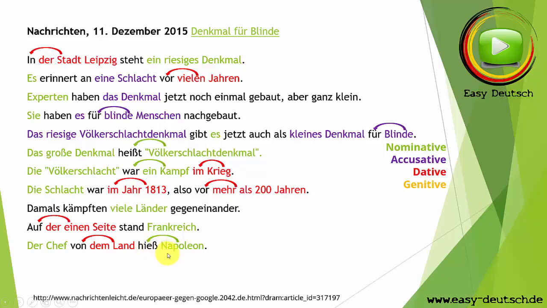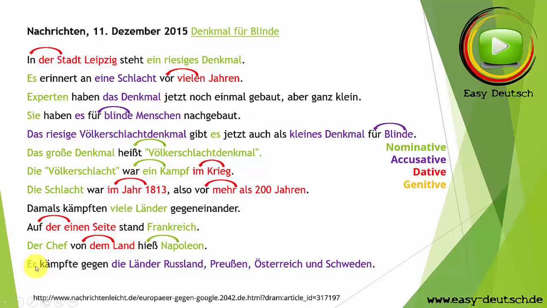And der Chef and Napoleon, you can see it's the same thing we talk about, or the same person we talk about. So it's both a nominative case, always if a noun refers back to the nominative case, it gets the nominative case as well. That happens with some certain verbs, heißen, sein, and bleiben.